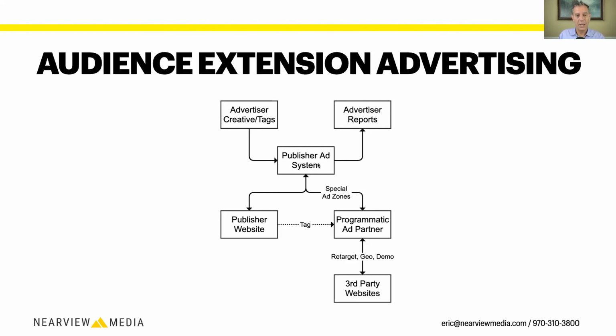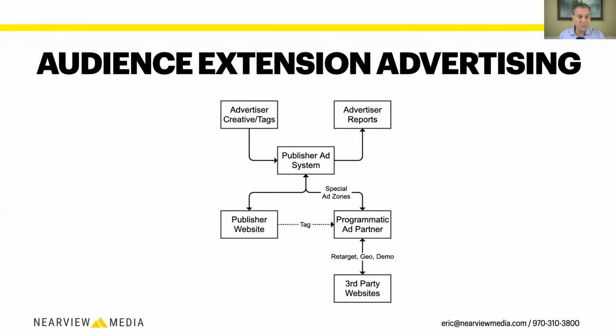You're going to then have special zones in your ad system for programmatic. And then your advertiser is going to give you their creative or their ad tags. You'll put it into your ad system. You'll deliver their ad to your website, and you'll deliver it to the programmatic ad zone. And then all of that will be trafficked back through your own ad system, and you can give a consolidated report back to your advertiser.